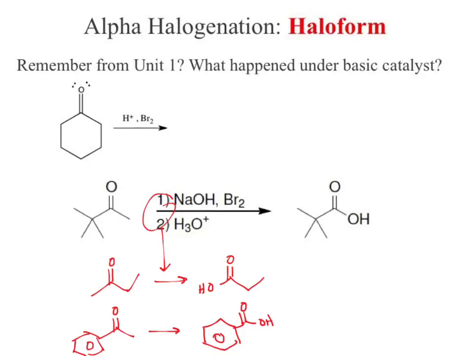This chemistry, while it looks a bit crazy and maybe a bit nasty to go through, turns out it happens really, really quickly. Okay, so it's a very fast reaction. It is so fast that if we're trying to understand something about an unknown compound that we're working with, we can just throw some base and one of our halogens at it. It's typically iodine. Okay, and we just look to see if a precipitate forms.